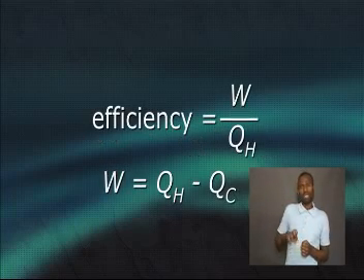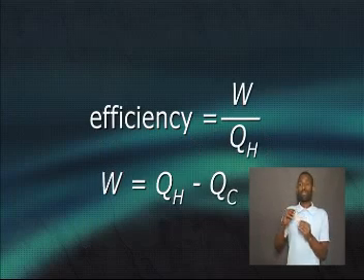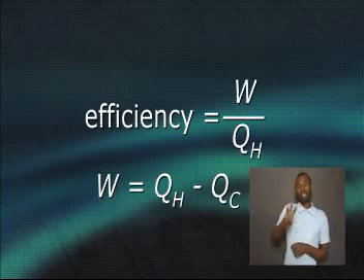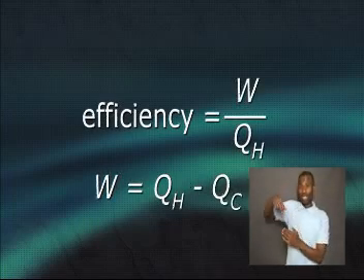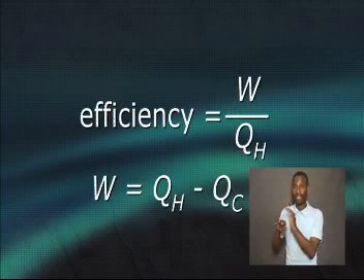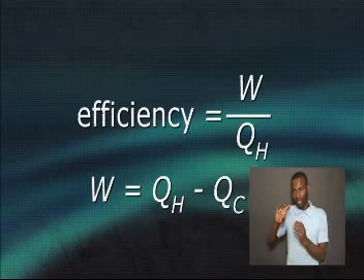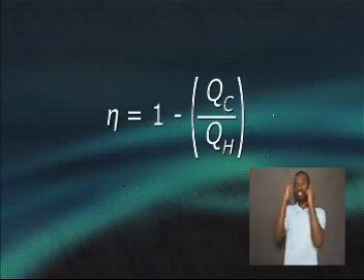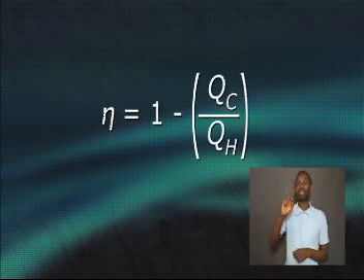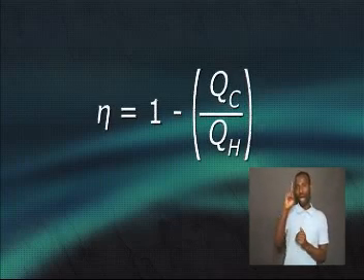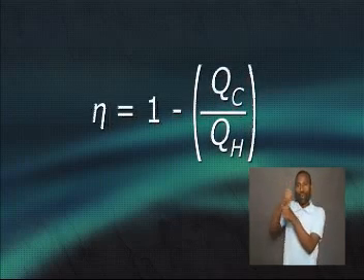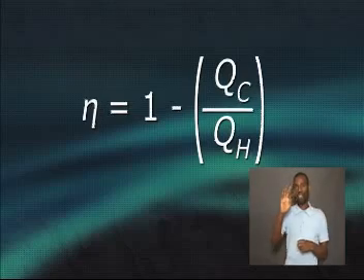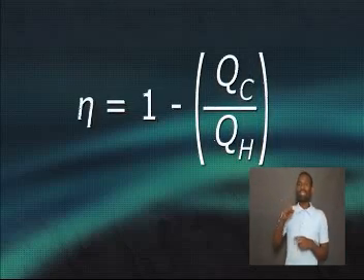Since efficiency equals the useful work out divided by the total work in, and work is equal to total work in minus useful work out, then we will eventually arrive at an equation that states efficiency equals 1 minus useful work out divided by total work in. In physics, efficiency is given the Greek symbol eta.